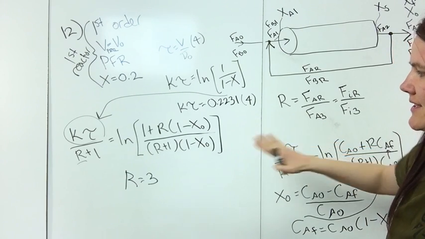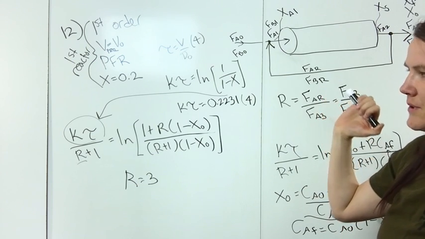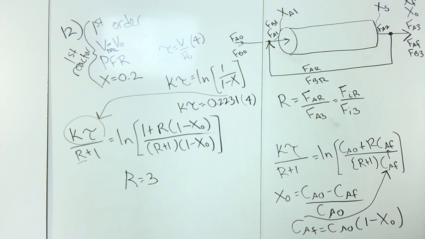Looking at this, I still need K tau, and you have data from the PFR, so you can calculate that.